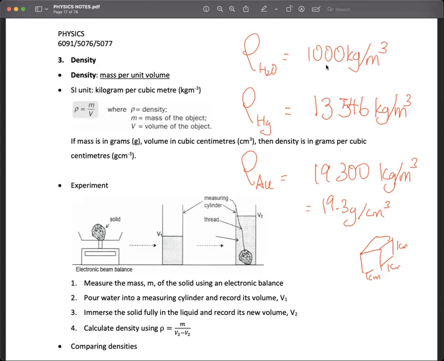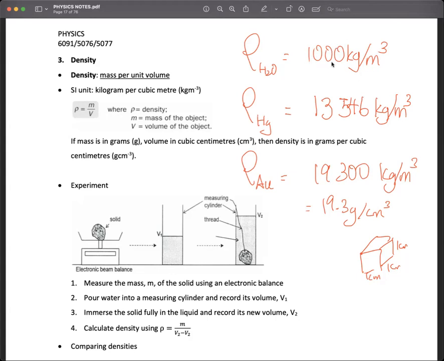And all these values for the pure substance will all be the same, given the same atmospheric pressure and temperature. Of course, when the temperature or the pressure changes, this value might change a bit, because when you heat up something, the volume becomes bigger, right? So the density will drop slightly.